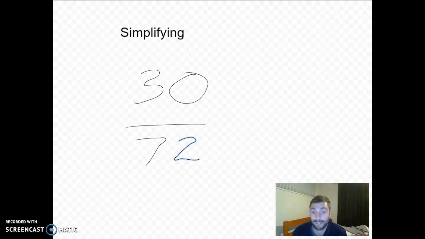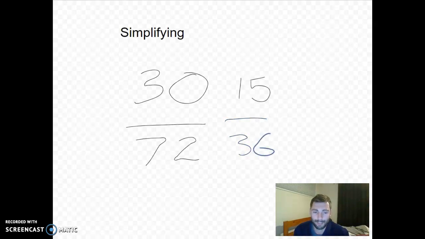There may be a common factor, but it doesn't jump out at us straight away. We're not 100% sure. And the way I like to start when I'm trying to simplify and find a common factor is by halving, if you can. So can you half 30 and 72? You can. Half of 30 is 15. And half of 72 is 36.